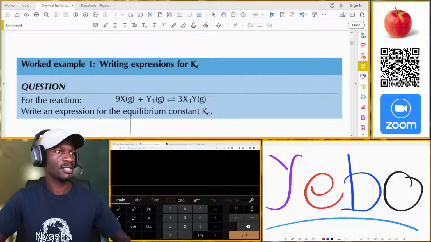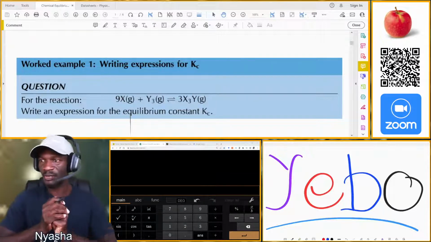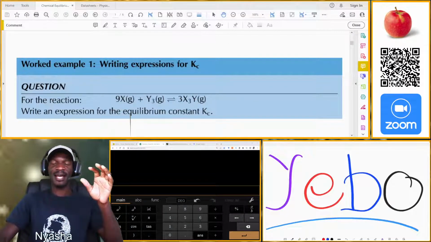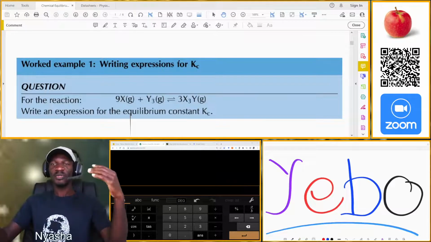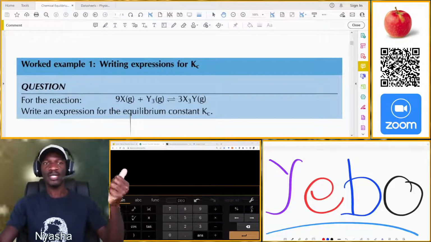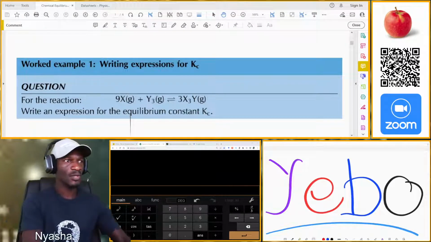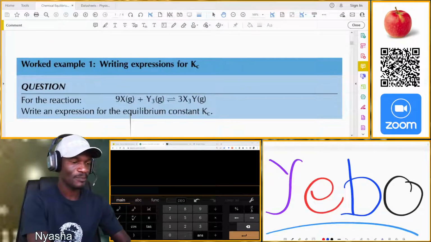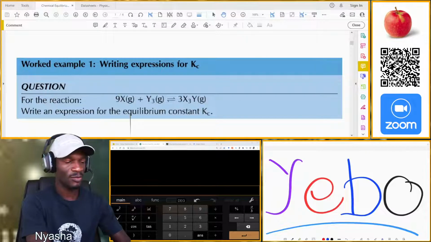Our first question is a very straightforward question. All these questions are arranged in such a way that we will have an introduction to the chemical equilibrium concepts. So attempt the question, please.